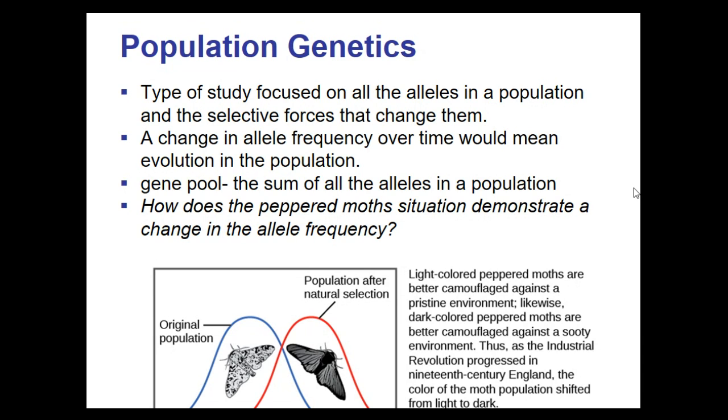The tree trunks weren't black anymore. The tree trunks went back to being lighter colored, and the reverse happened. The gray ones started having the advantage again, and the black ones were eaten more. And so the proportions of gray to black went back to the way it was before the Industrial Revolution.